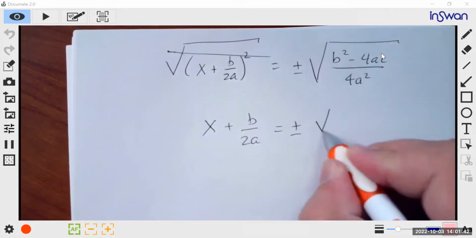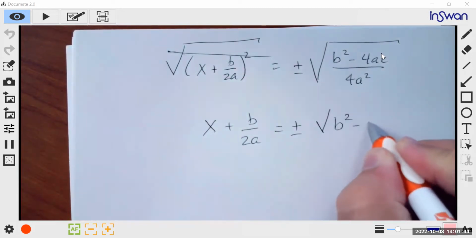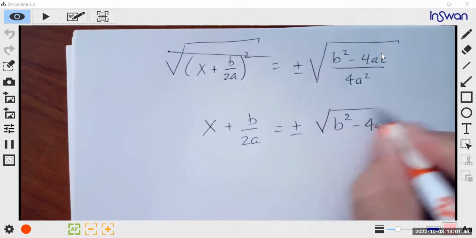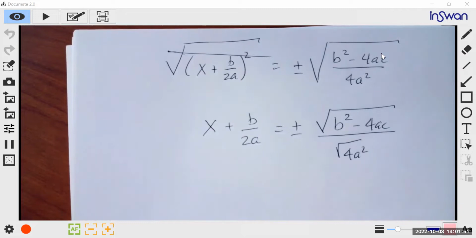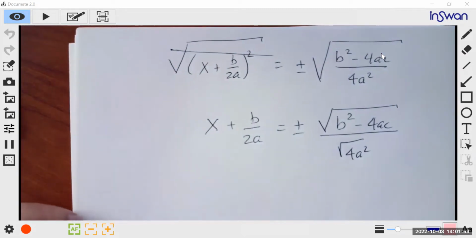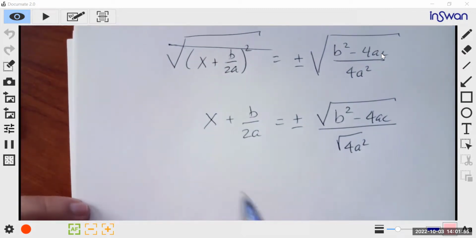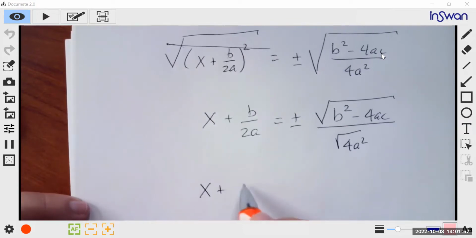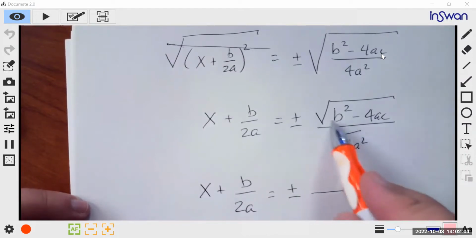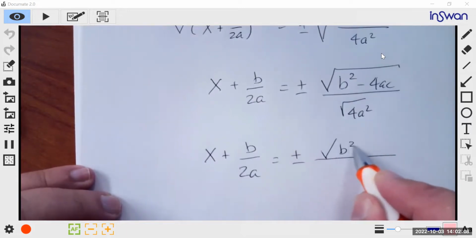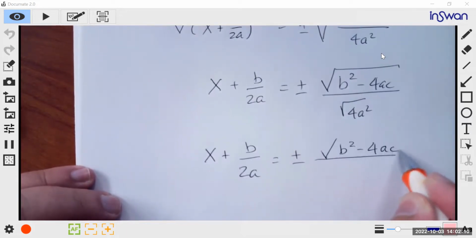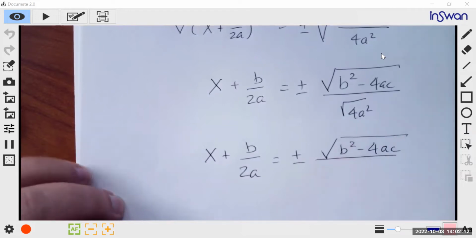Let's split these up. We have the square root of B squared minus 4AC. Nothing can be done on the top because it's an equation, so we'll leave that alone. What can we do to the bottom?